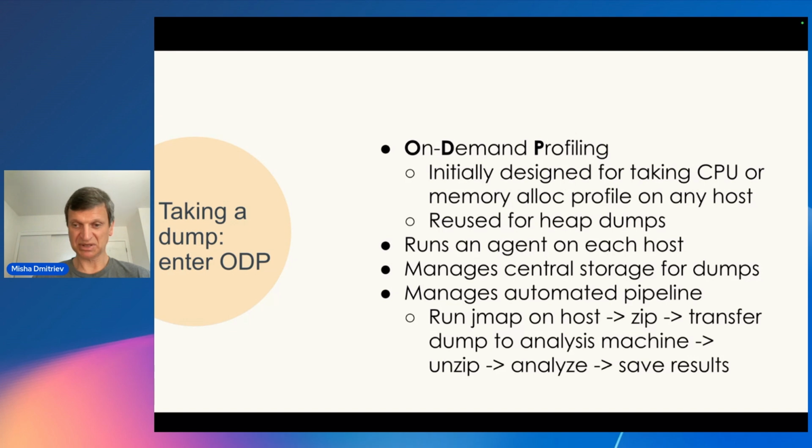It compresses the generated heap dump, transfers it to one of the dedicated analysis machines, uncompresses it, processes it on this machine, and finally saves the results in the central storage. After that, these heap dump processing results are available to anyone through the UI of this ODP.